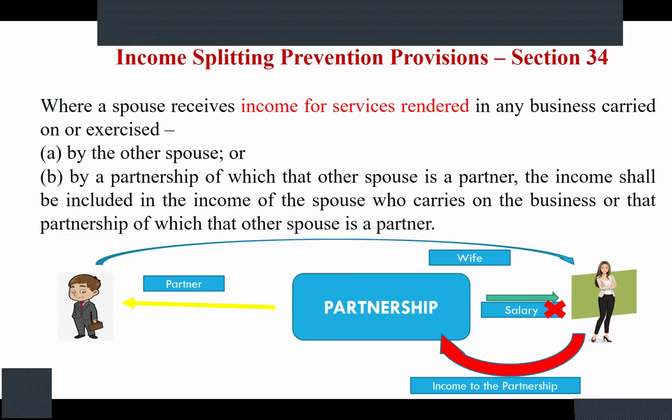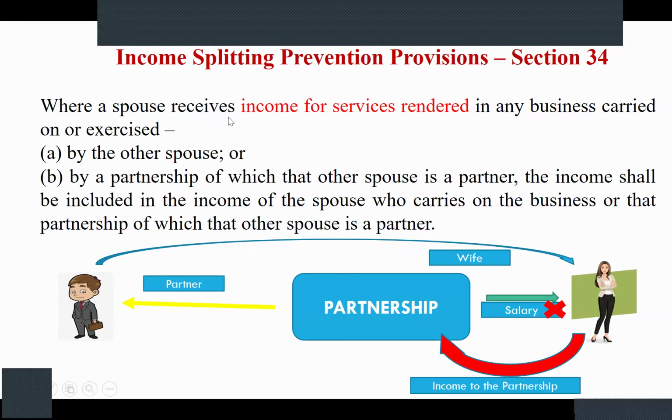Income splitting means that to avoid or prevent paying taxes, they can apply several arrangements. So we consider it also as an arrangement. Therefore, a specific section is provided for that. We call it section 34. It says income splitting is not permitted, because they can split their income to reduce the tax liability.